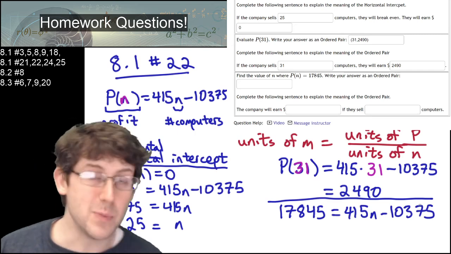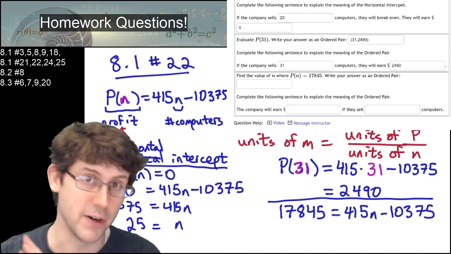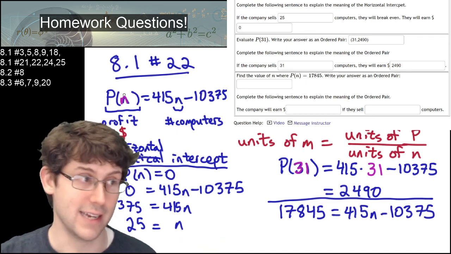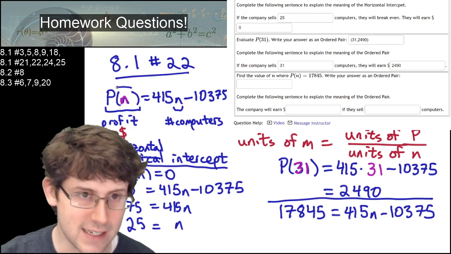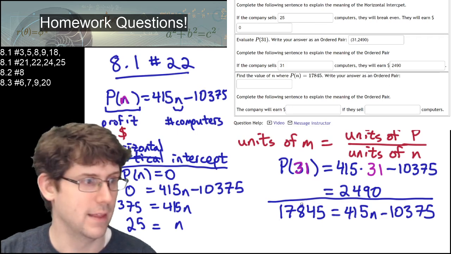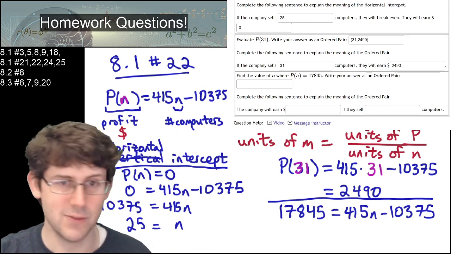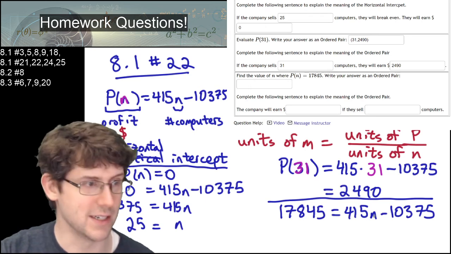When it said find P of 31, it looked like 31 was n, so I put 31 in for all the n's. Here it said P of n is 17,845, so I plugged in 17,845 for P of n and ended up with this equation. So I'm writing down the whole equation repeatedly and plugging things into the right spots. Then I get some equation to solve.